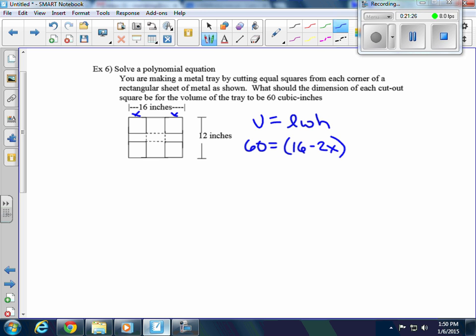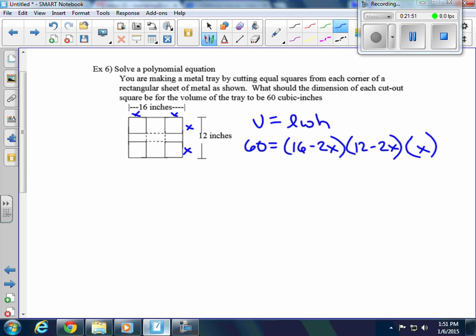And then we also know that the width is 12. However, we're cutting an x off here and an x off here, so that's going to be 12 minus 2x. And then the height obviously is going to be x, because that's the side that's folded up. So that is how we would calculate this.